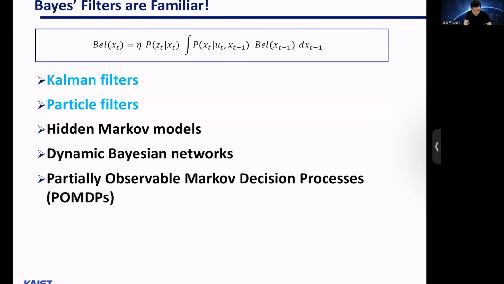Okay. And note that this is the general form for many of these filters. And you can see different branches coming out of the Bayes filter. And in this lecture, we are going to cover the two most popular filters, which are the Kalman filter and the particle filter.